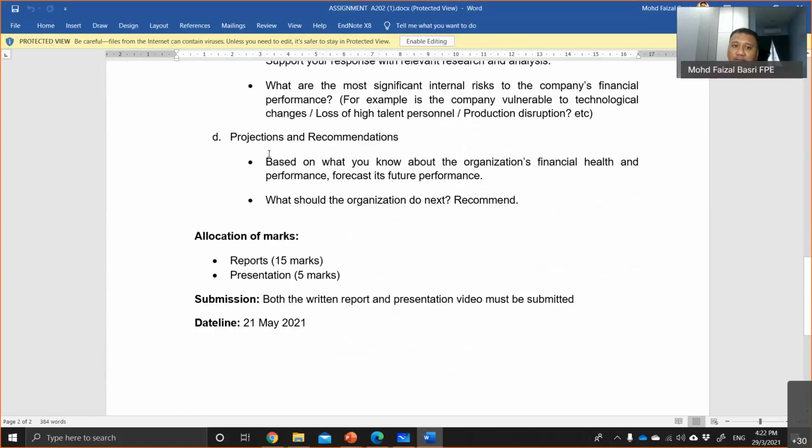Obviously you will start with an executive summary, some introductions, the content of analysis, and always finish it off with conclusion and recommendations, right? The allocation of marks is 15% for the report and 5% for the presentation. Both written and video must be submitted by the deadline, the 21st of May. So it's a long way to go, but you can already prepare for this.